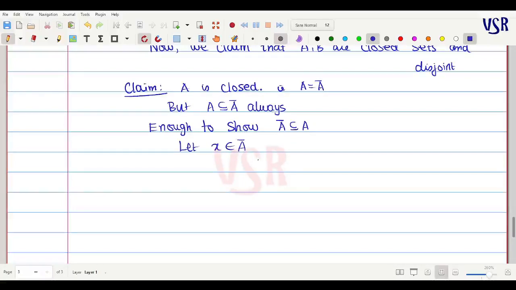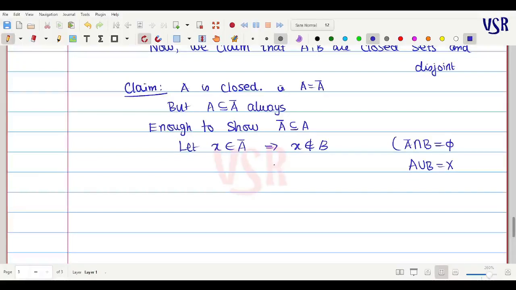This implies that x does not belong to capital B. Okay, ஏன் நமக்கு இது தெரியும், A closure intersection with capital B which is equal to empty. அப்ப x A closureல இருந்தது அப்படின்னா B ல இருக்காது. ஓகே, சரி, அதுக்கப்புறம் என்ன தெரியுது அப்படின்னா, this A union B which is equal to X. அப்போ B ல இல்லைன்னா எதுல தான் இருக்க முடியும், A ல தான் இருக்க முடியும்.